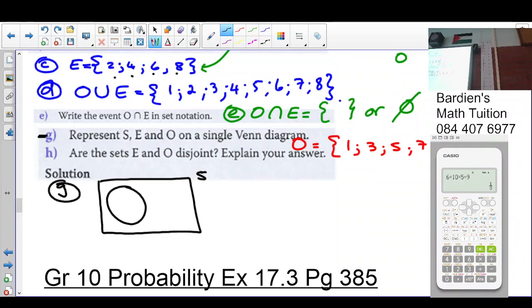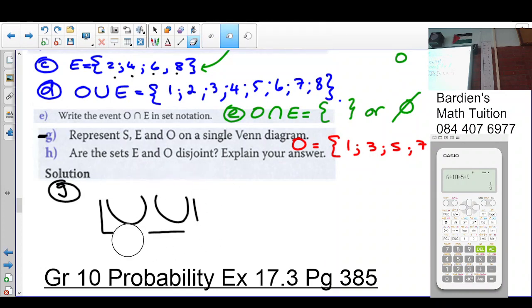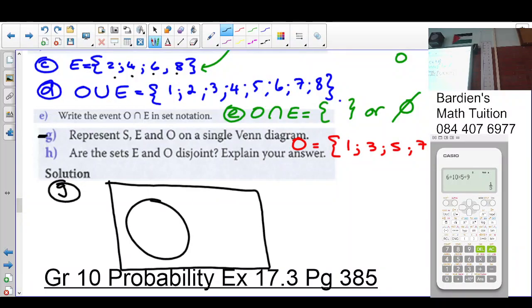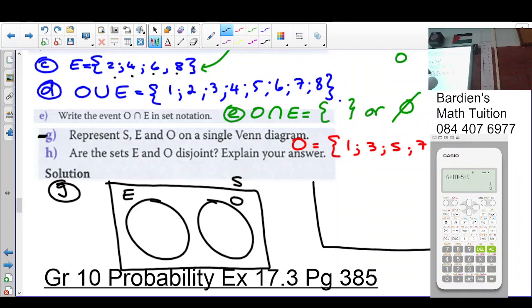So we have 2 subsets or events, E and O. I'm going to make it a bit bigger because I have a few numbers. Even if I draw this, I'm going to show you what it's going to look like if I initially draw it overlapping. That will come back to now.